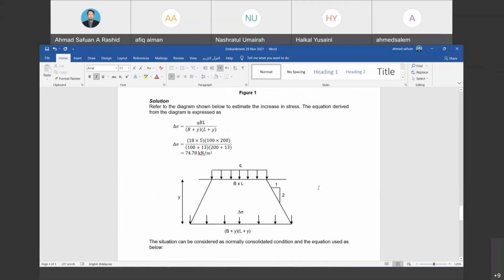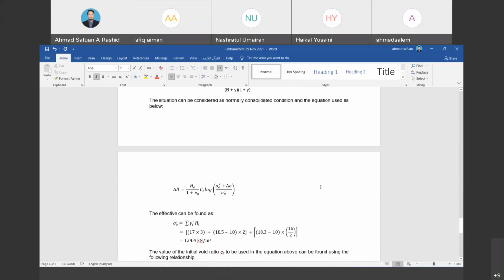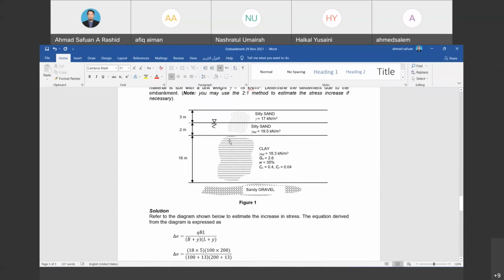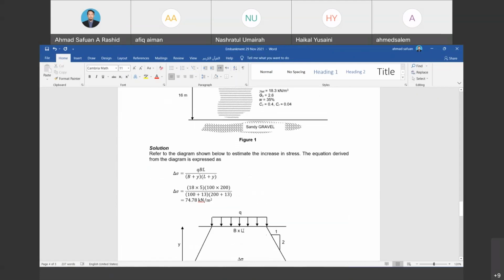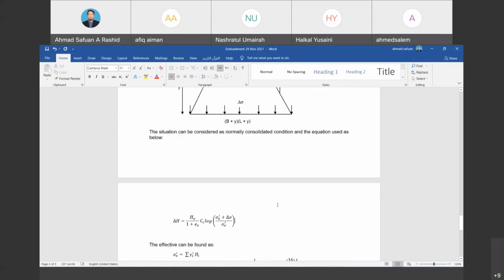Before we start to calculate the settlement, we may refer to the normally consolidated equation. In this equation, we have H naught, which is the height of the clay layer, which is 16, over 1 plus e naught.